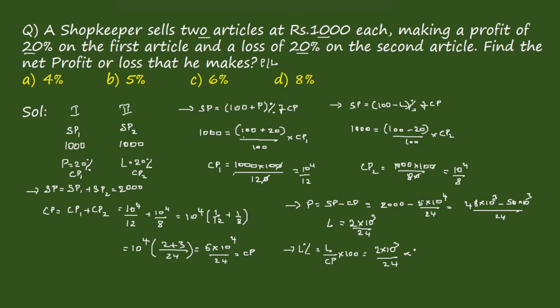So just multiply, it becomes 24 by 5 into 10 power 4 into 100. Here 24 gets cancelled. So 10 power 4 with 3 and 1 zero goes here. 5 goes into 2 zeros. So it becomes 4% of loss we will be getting. So answer is option A.